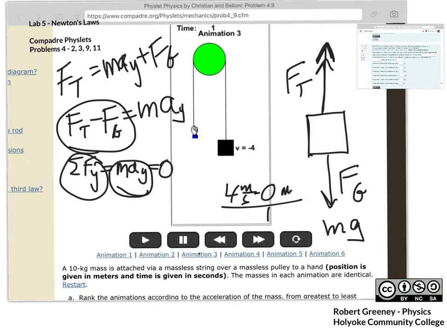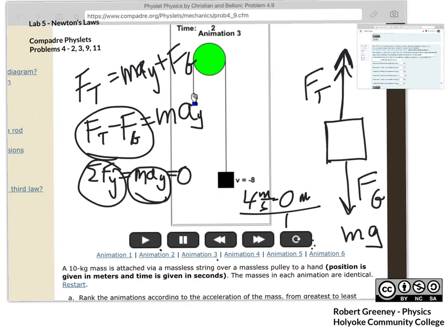And going to animation 3, I jumped ahead. You can see after 1 second, it's a negative 4 meters per second squared. And so we get the same acceleration, only negative. And once again, being careful, I ran it for 2 seconds and got negative 8. Good. But now the acceleration term is negative.